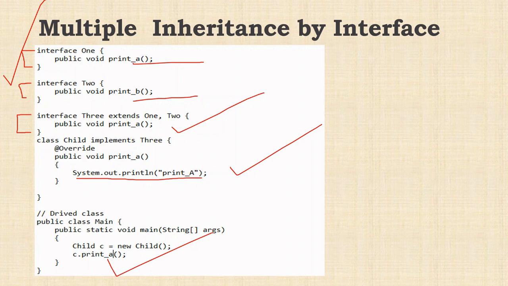I have already discussed how you can solve the diamond problem with the default method in a video; if you go to the playlist, you will get the Java interview questions. So like this we can achieve multiple inheritance with the help of interfaces.